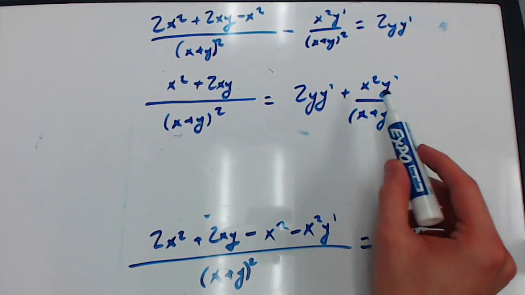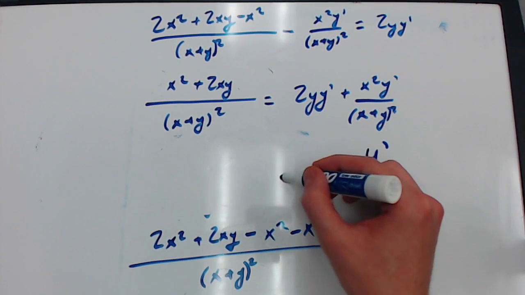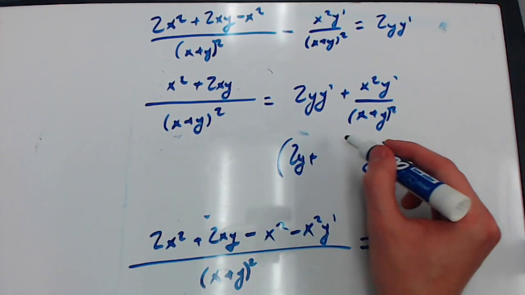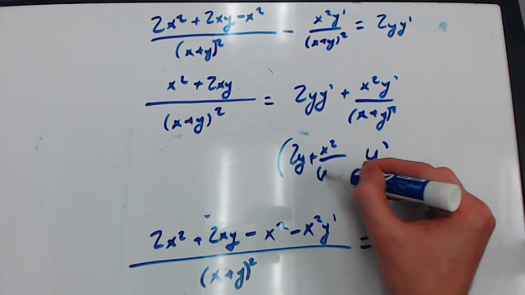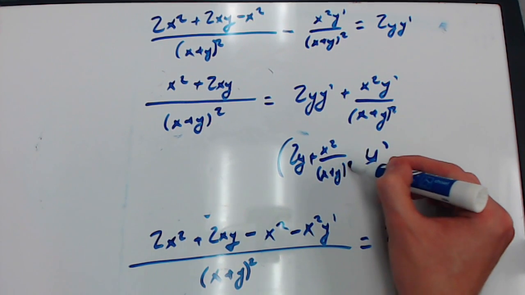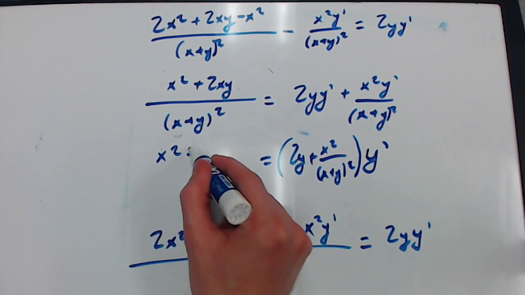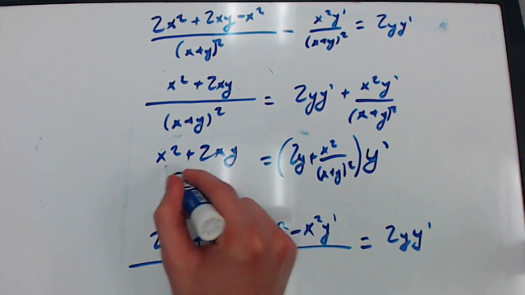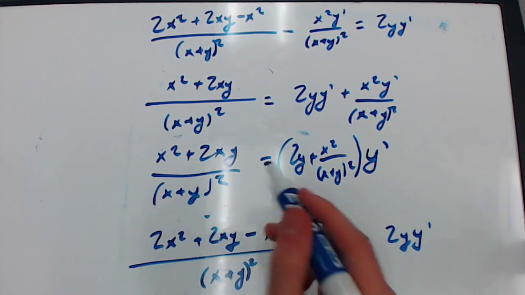So I'm going to pull out that y prime, factor it out, and then we'll be left with 2y plus x squared over x plus y squared is equal to x squared plus 2xy over x plus y squared.